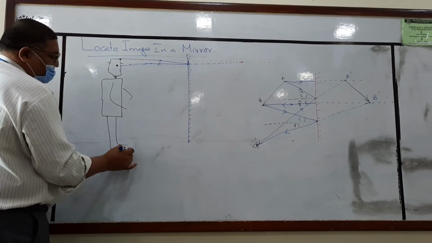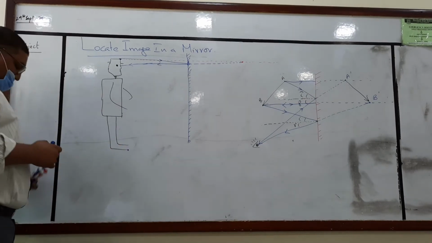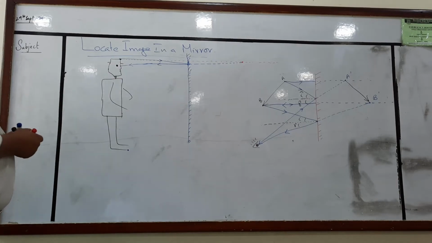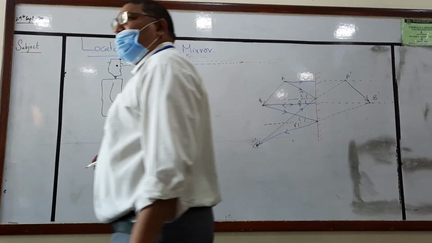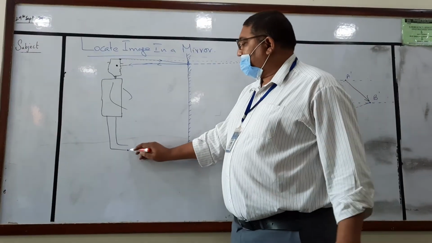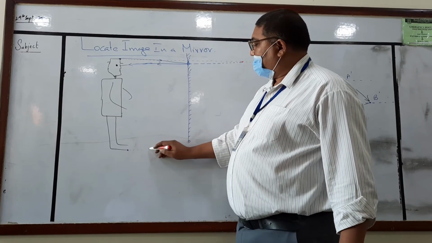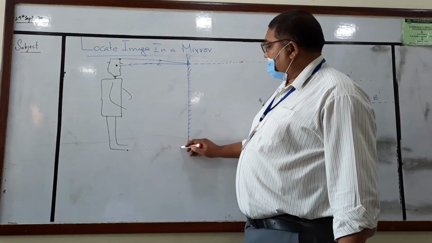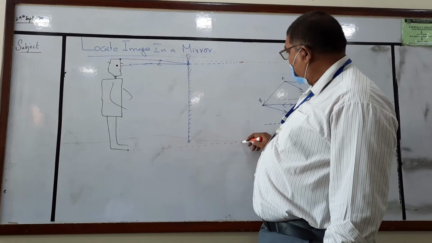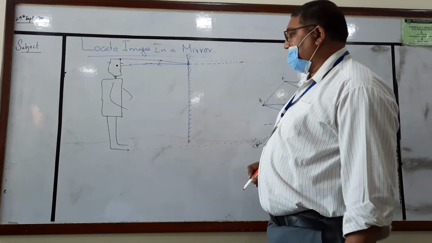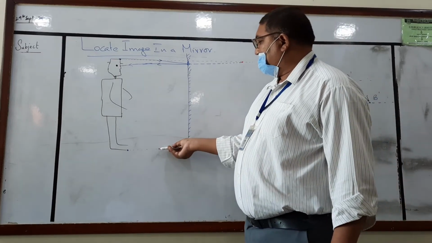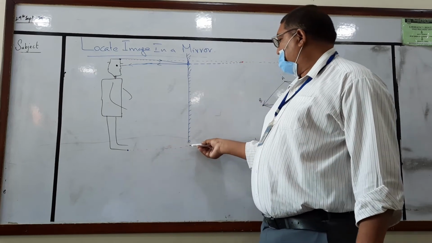Now one more interesting thing. If this is the toe of his foot, prolong it. This makes a 90-degree angle with the mirror. So this is of 2, 1.